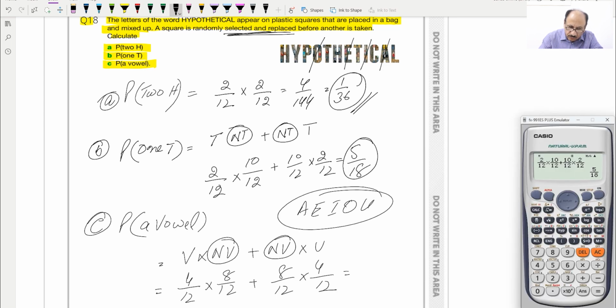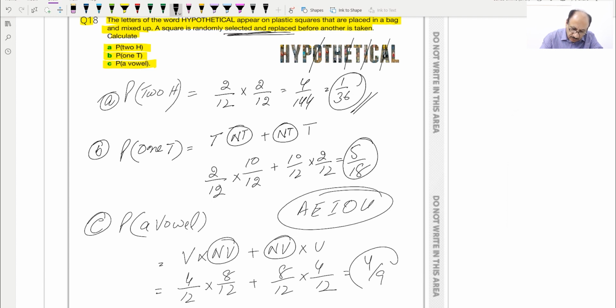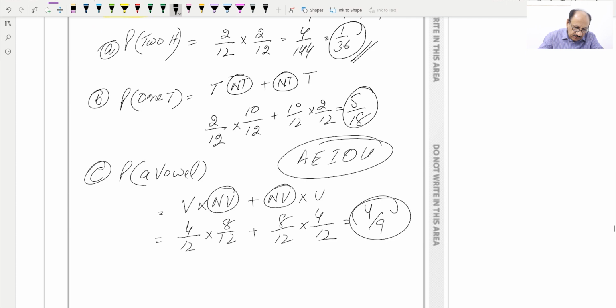This will be 4 over 12 multiplied by 8 divided by 12, plus 8 divided by 12 multiplied by 4 divided by 12, and this results in 4 by 9. So 4 by 9 will be our probability for this section.